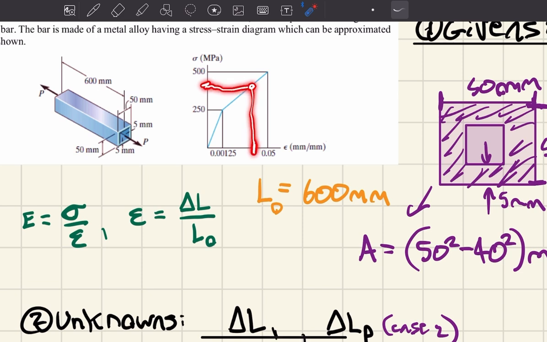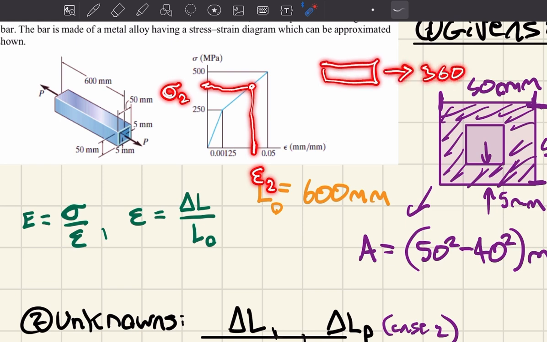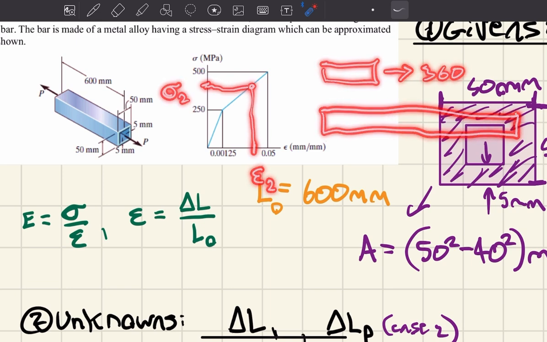Okay, so again, I'm going to apply sigma 2, right? It's going to cause an epsilon 2. If I apply stress, it's going to cause a strain. It's not in the elastic region, so when I stop causing this stress, what's going to happen? Let's go. I apply 360, I get this far, and this is my epsilon 2.